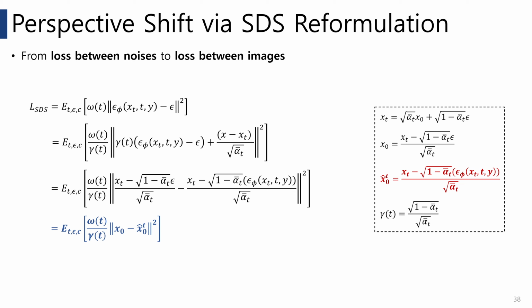Let's simplify this with a more intuitive equation. The SDS loss can also be interpreted as the difference between images instead of the difference between noise values.